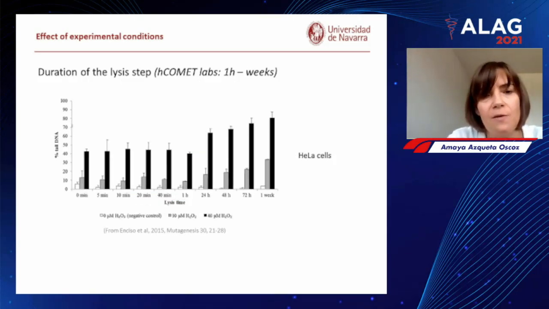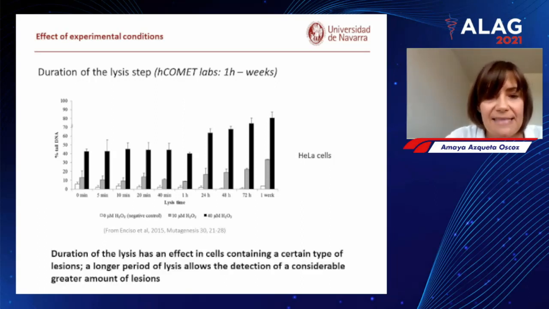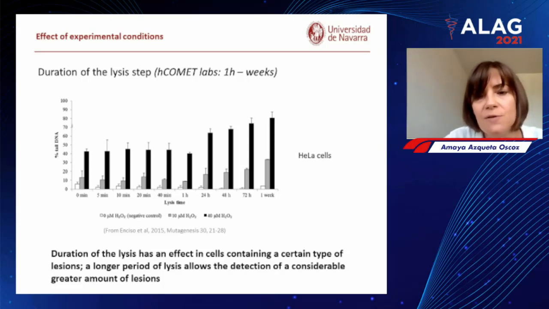And the same results were also obtained with HeLa cells treated with hydrogen peroxide. So the duration of the lysis has an effect in cells containing a certain type of lesions. A longer period of lysis allows the detection of a considerably greater amount of lesions.